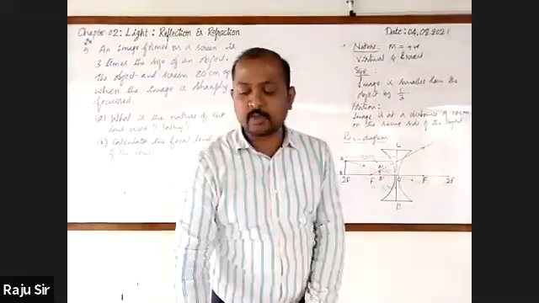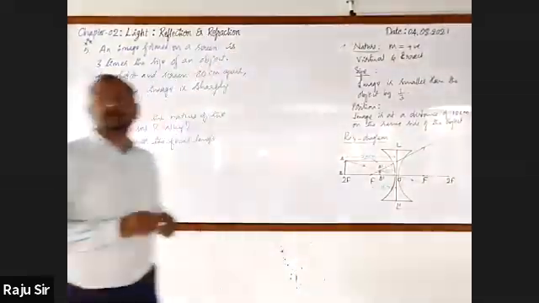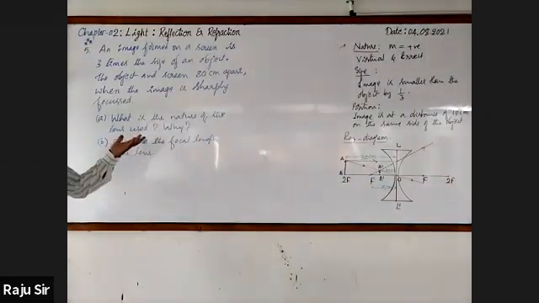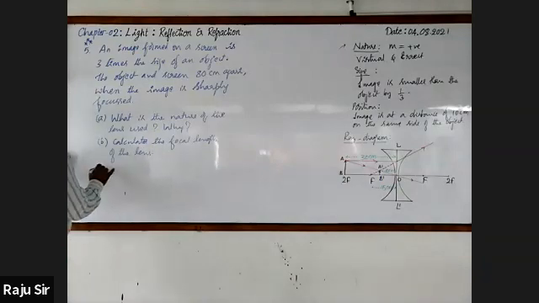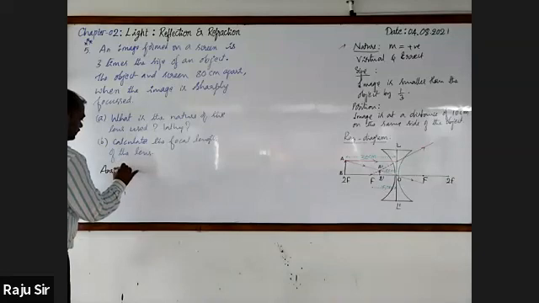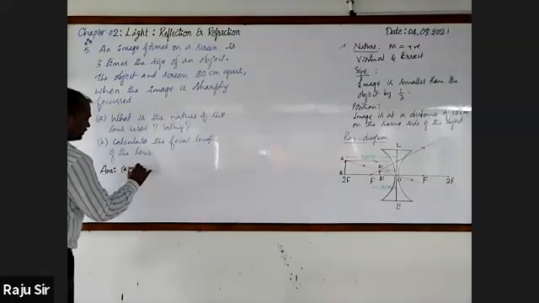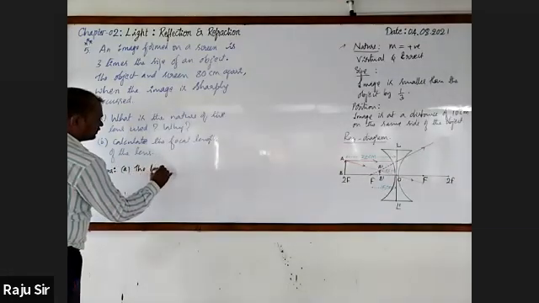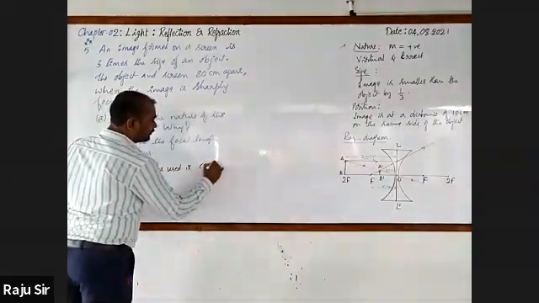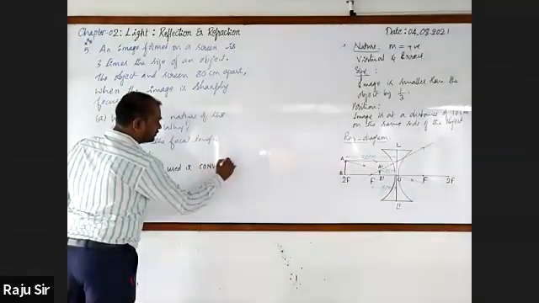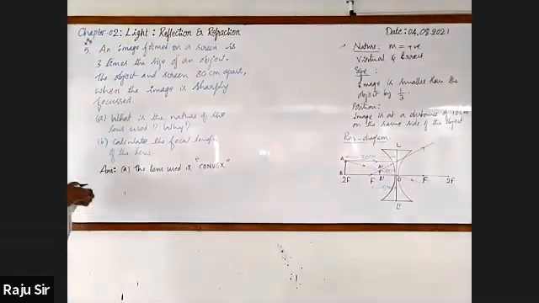As the image is formed on the screen, what do you say about the type of the lens? Convex lens. For the first one you go directly to the answer. What is the nature of the lens used? The lens used is convex. So convex lens is used.